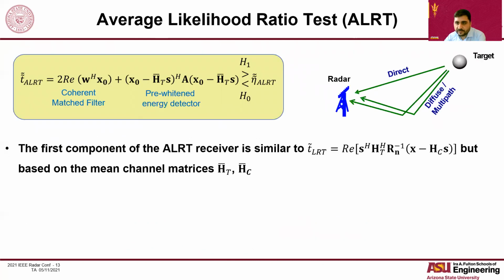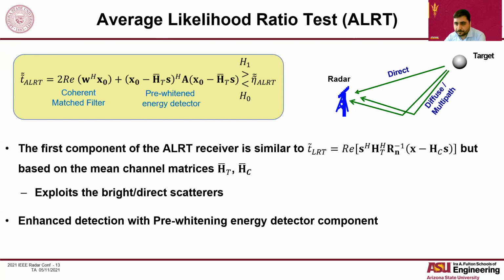So the first component of the ALRT receiver is similar to T tilde sub LRT, but based on the mean channel matrices H T bar and H C bar. It simply says to subtract from the observation what we know about the clutter and then apply a coherent match filter. This part actually exploits the bright scatterers.